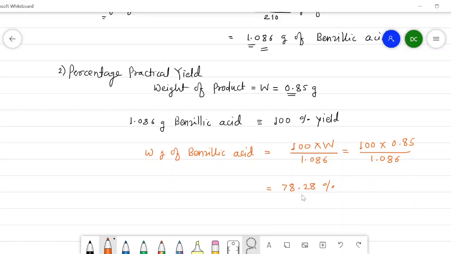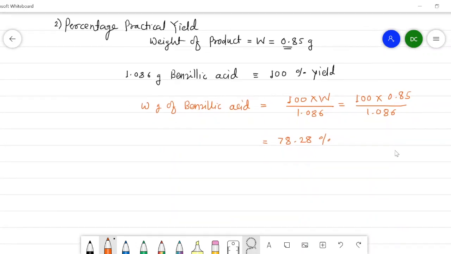So the preparation of benzilic acid involves the weight of the product 0.85 and the percentage is 78.28.